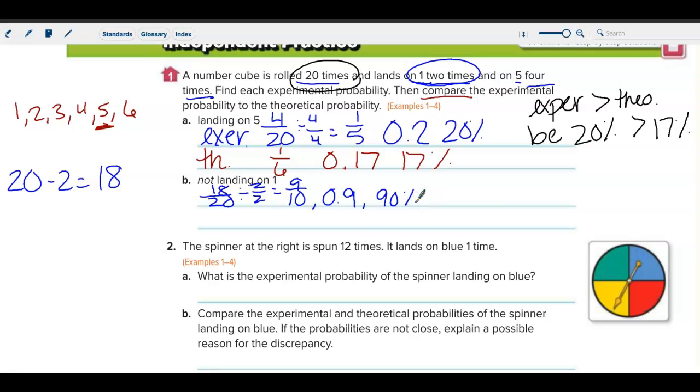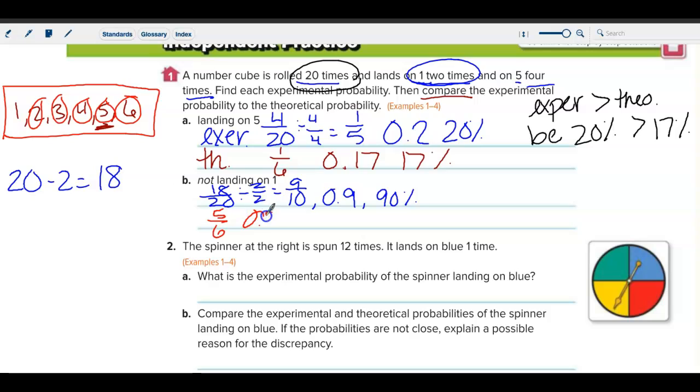If we were conducting our theoretical probability, we still have our 6 options on a dice, but 1, 2, 3, 4, 5 of them are not 1, so we would have 5 out of 6. This would be written as a decimal as 0.83, which is the same as 83%.